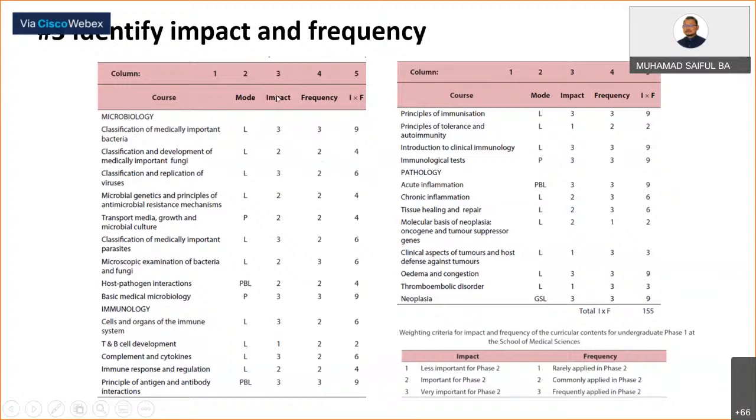These are the examples that we have in our course. So 3/3 means 9. When it comes to 3/3, it is a super important topic, so we call it the core topic. The core topic must be assessed appropriately in a certain format of assessment, and so on.